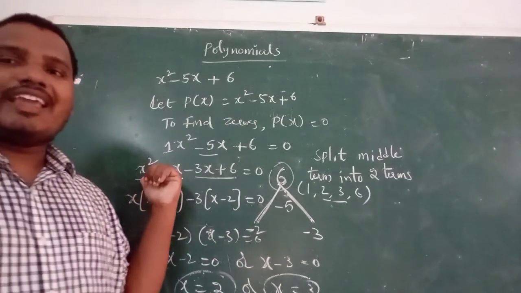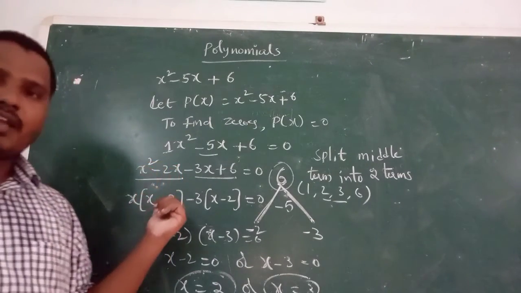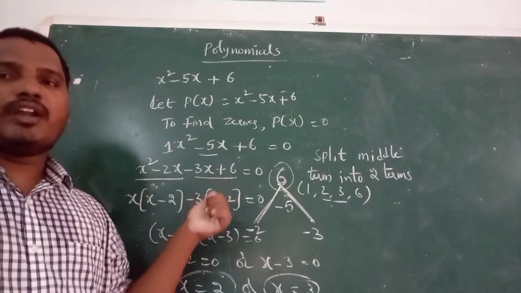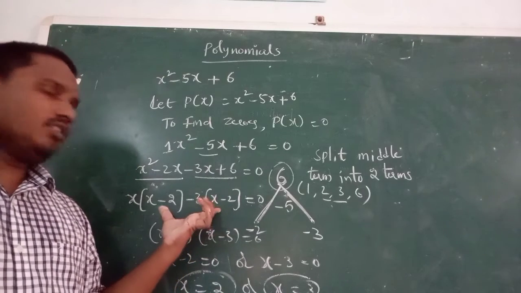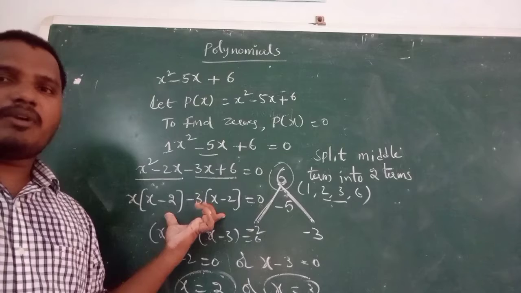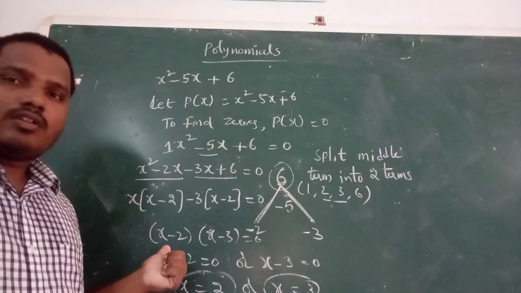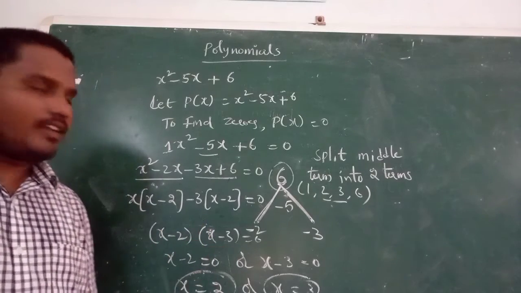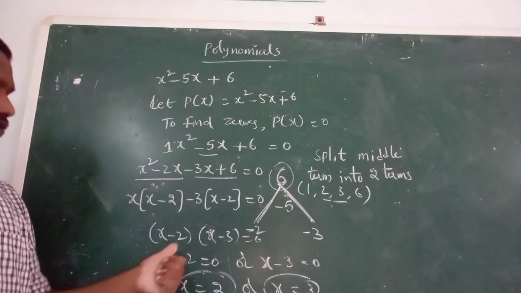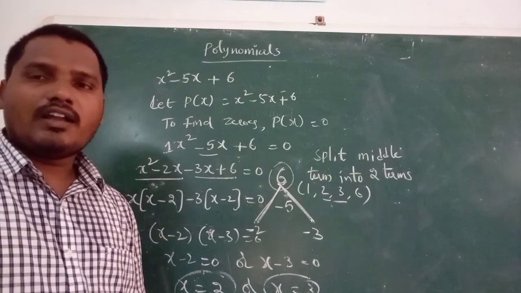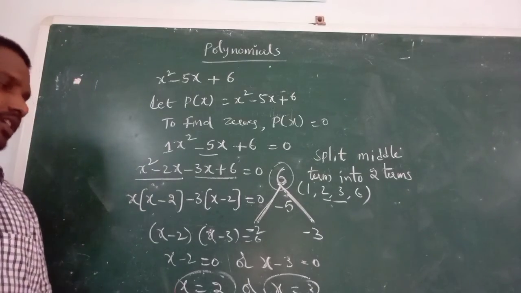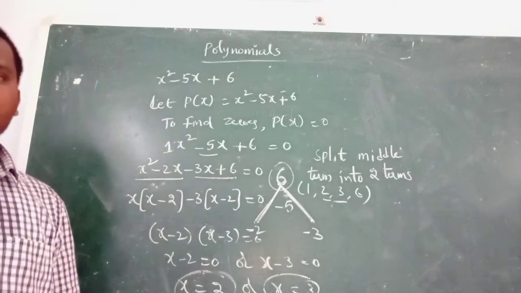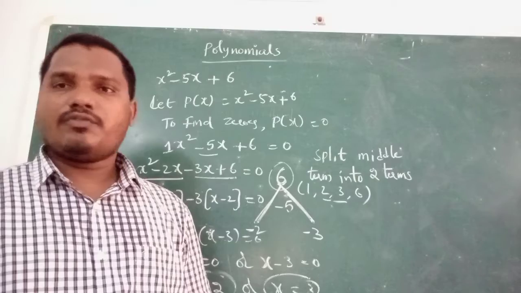For the first two terms, x will be common, the remaining part x minus 2. For the other two terms, minus 3 will be common, then you get x minus 2. In both terms x minus 2 is common, therefore x minus 2 into x minus 3 is equal to 0. X minus 2 is equal to 0 or x minus 3 is equal to 0. X is equal to 2 or x is equal to 3. This is the method for finding the number of zeros.